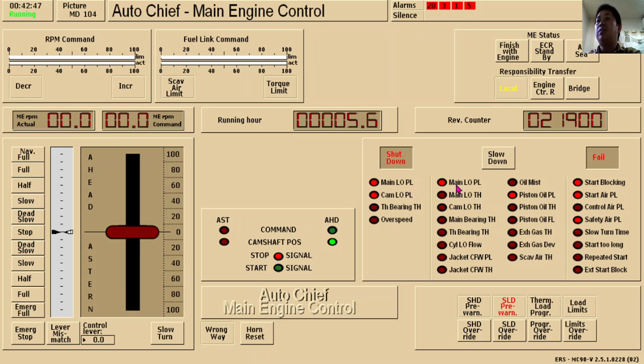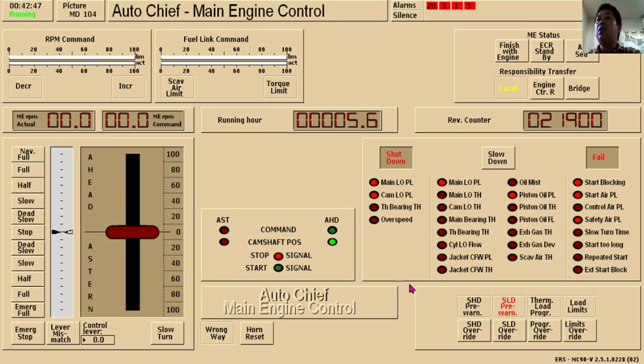You have a lot of alarms. Main lube oil pressure low here belongs to slowdown, and piston oil pressure low. We have also here what belongs to fail alarm: start blocking, starting air pressure low, and we have safety air pressure low. So everything here is monitored by your main engine auto chip, main engine control. So this is an example of the alarm.